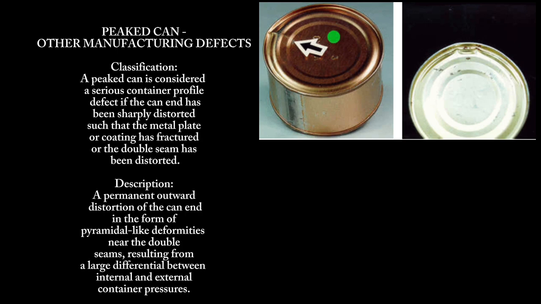The common sources of a peaked can are insufficient closure vacuum, a lack of proper vacuum pressure during the sealing process; insufficient external pressure during cooling, when inadequate pressure is applied while cooling the can; incipient spoilage before processing, when early spoilage causes loss of vacuum before canning; inadequate plate gauge or temper, using weak or improperly tempered metal for the can ends; and overfilling of the can, filling the can with too much product, causing pressure buildup.